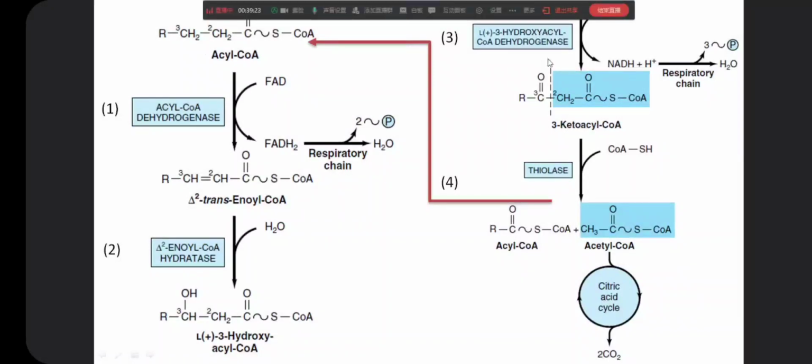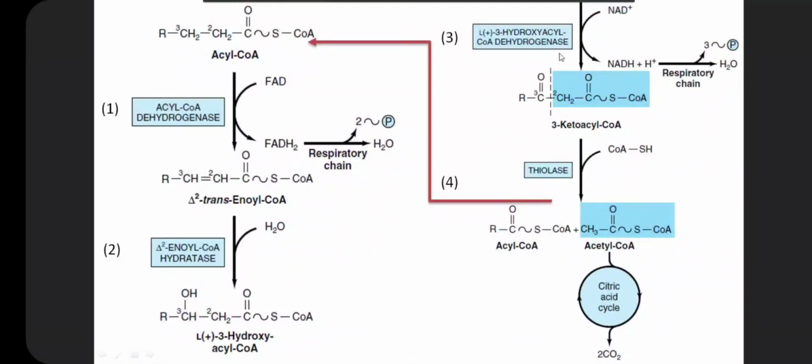And then it undergoes further dehydrogenation on the 3 carbon, the beta carbon, catalyzed by 3-hydroxyacyl coenzyme A dehydrogenase, to form ketoacyl coenzyme A. In this reaction you should notice that the dehydrogenation requires NAD as a coenzyme, and then NAD is reduced to NADH.